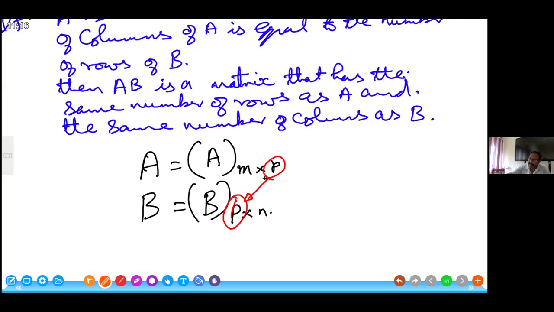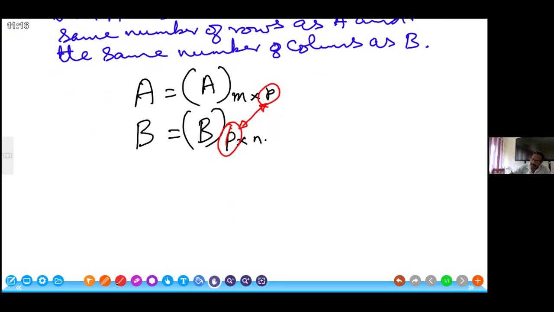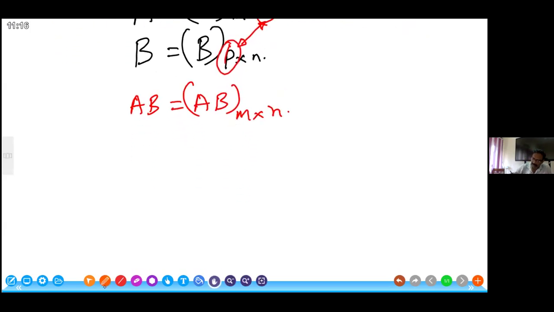It should be same. Then the AB matrix has the size of M into N. So that is how we can indicate. Right? So this is in a simple form.